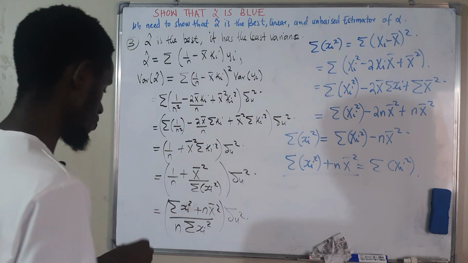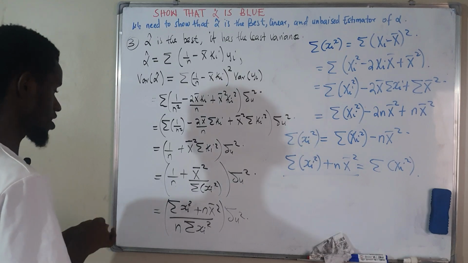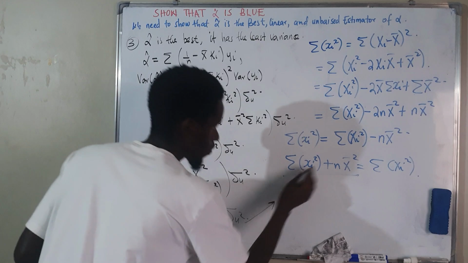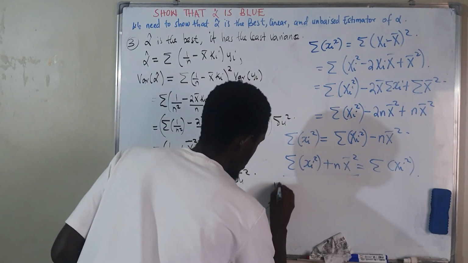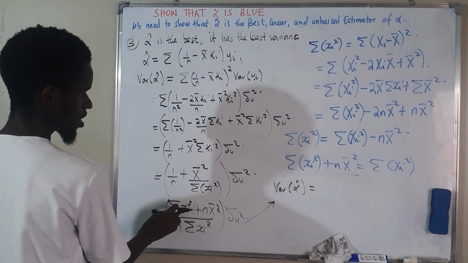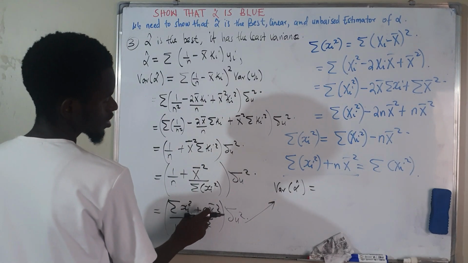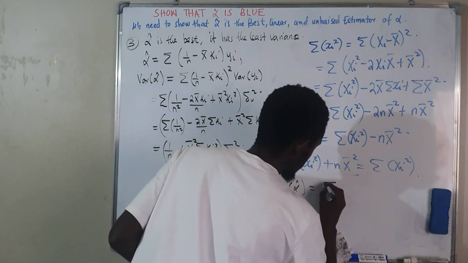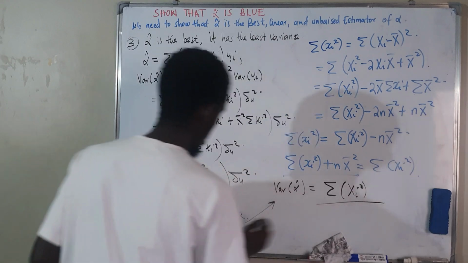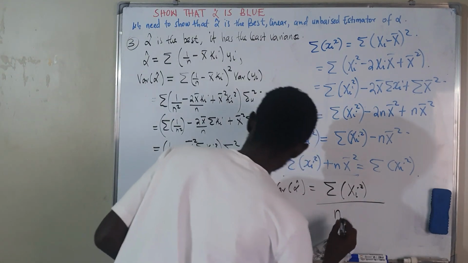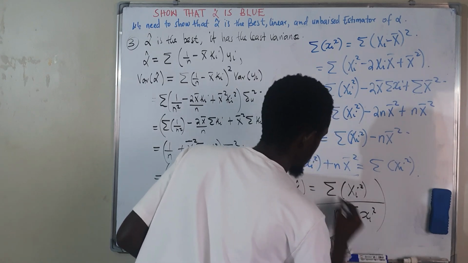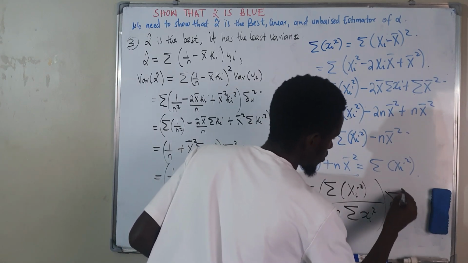So our variance of alpha hat, instead of having summation of xi squared plus nx bar squared, I just have summation of capital Xi squared over n summation of small xi squared, everything times sigma squared u.